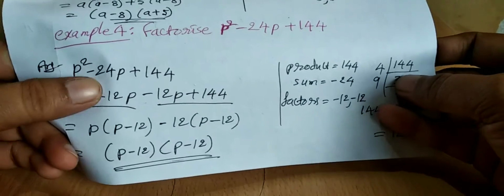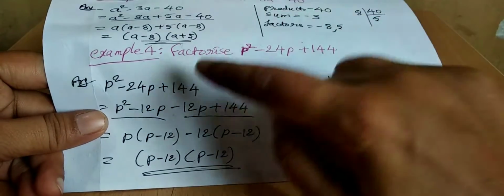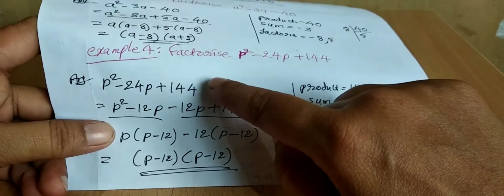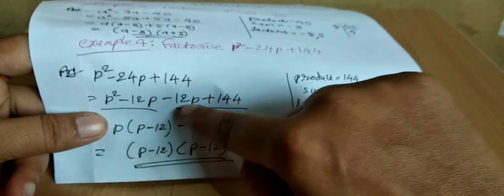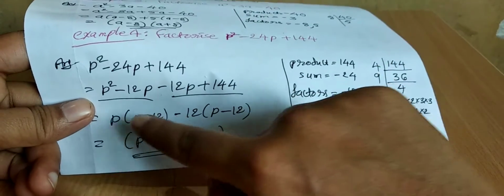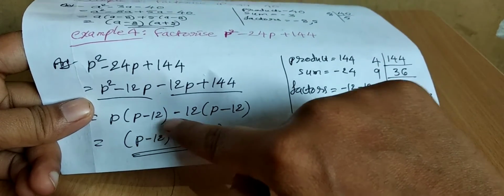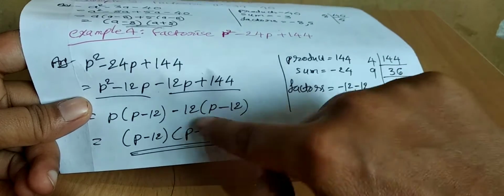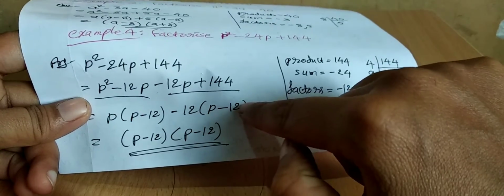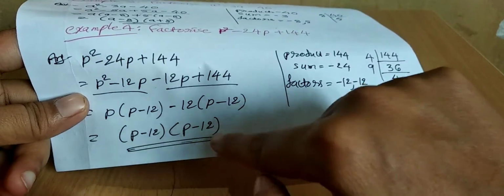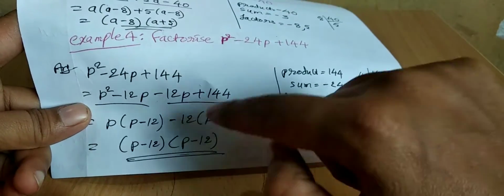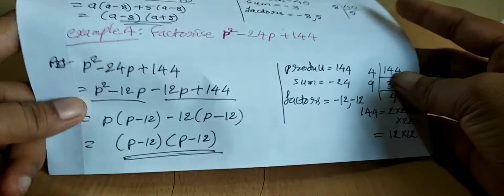p square minus 24p plus 144 is split as p square minus 12p minus 12p plus 144. p into p minus 12 minus 12 into p minus 12. So p minus 12 into p minus 12. p minus 12 whole square is the factorization.